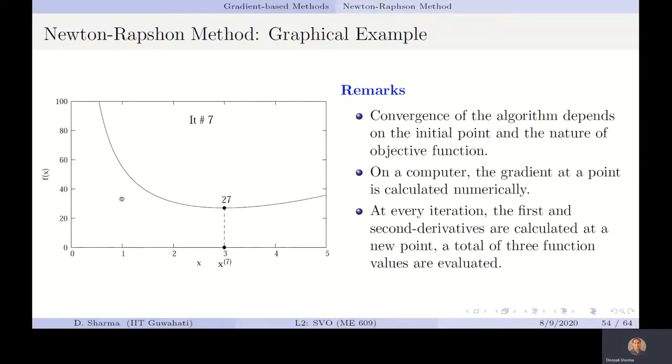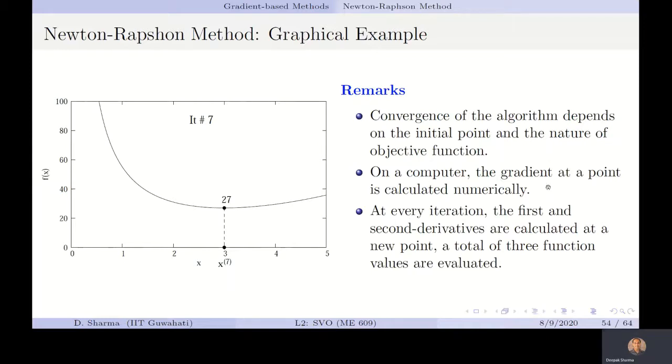If the function is flat near the optimum, then the algorithm will take a lot of time. Why? Because when the function gets flat, the new point will be very close to the previous point. Therefore, the Newton-Raphson method will take more iterations to converge to the optimum. So that's why we say that it depends on the initial point and the nature of the curve.